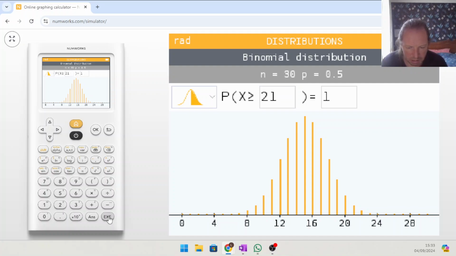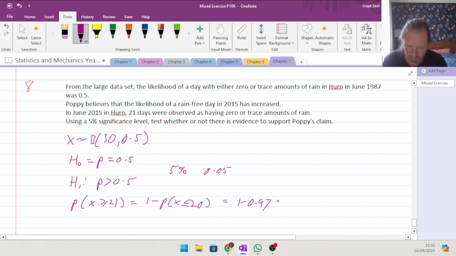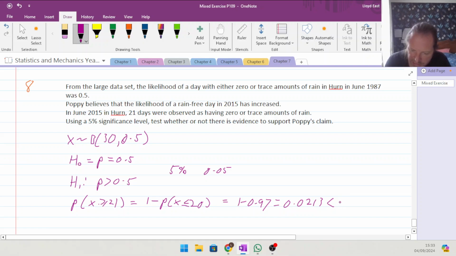Okay, 1 minus that, 0.0213. Okay, and now this is less than 0.05.